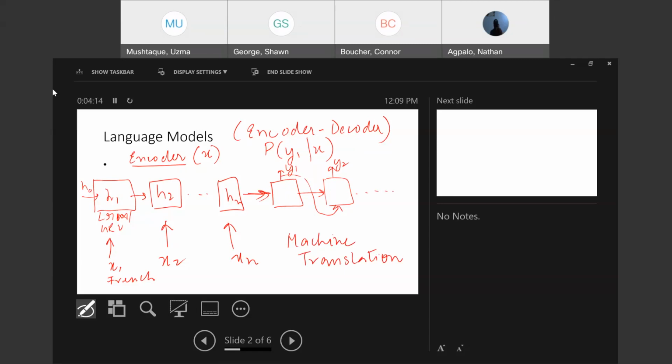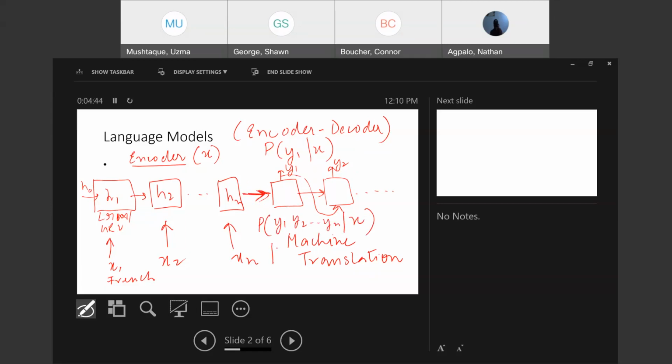When I arrive here and I have some output at this point, the way I'll start decoding it, getting y1, y2, y3, is going to be a sequential process in itself. Because eventually what I need is the probability of getting y1, y2, and so on up to yn, given my input x. I'm just denoting all the x's together by x, right?